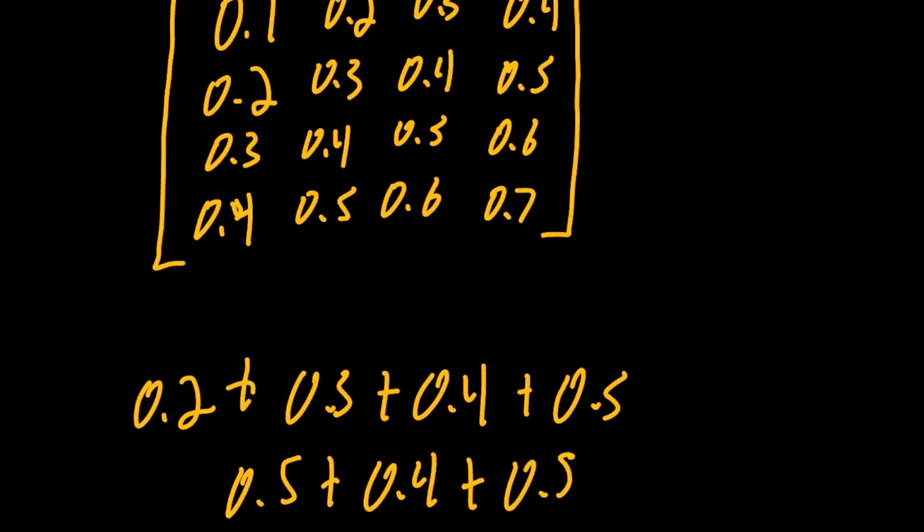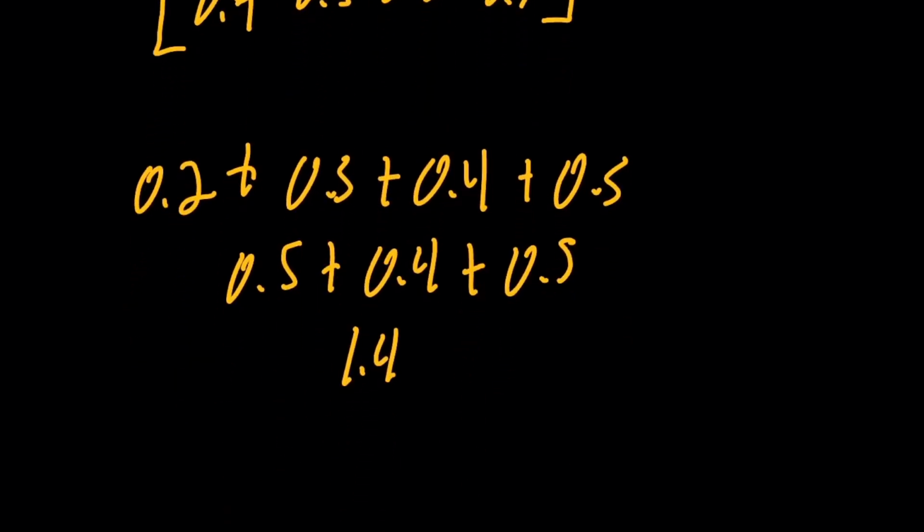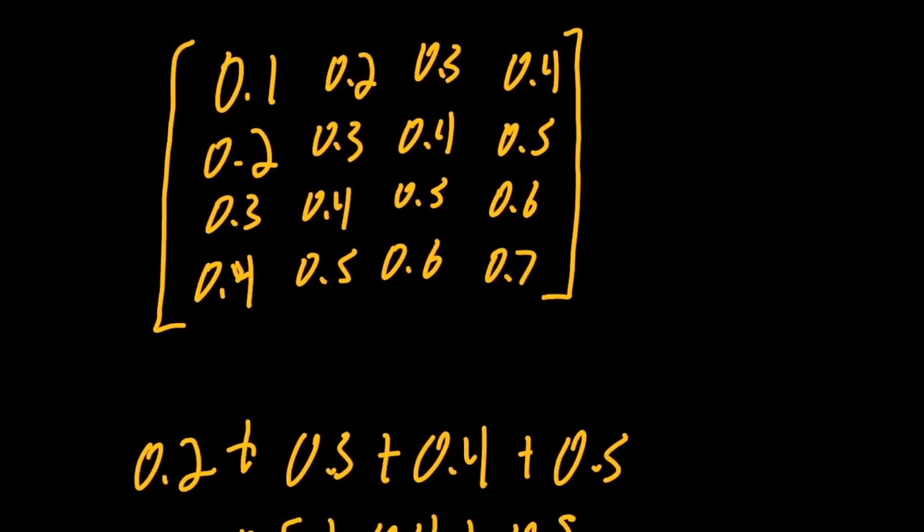Therefore, we get a sum of 1.4, as we have just demonstrated. And because this value does not equal 1 within the second column, this renders the matrix non-stochastic.